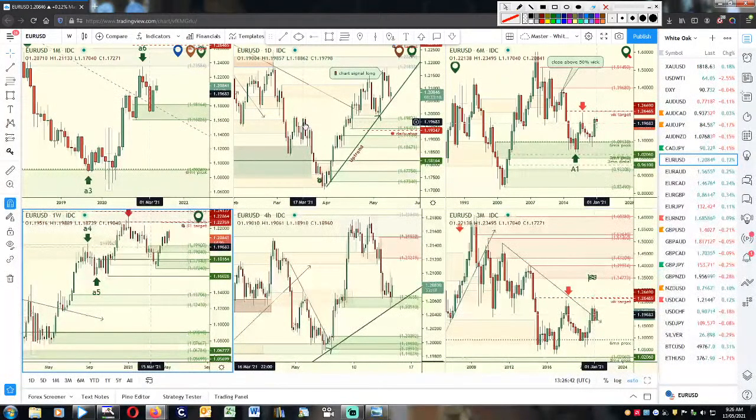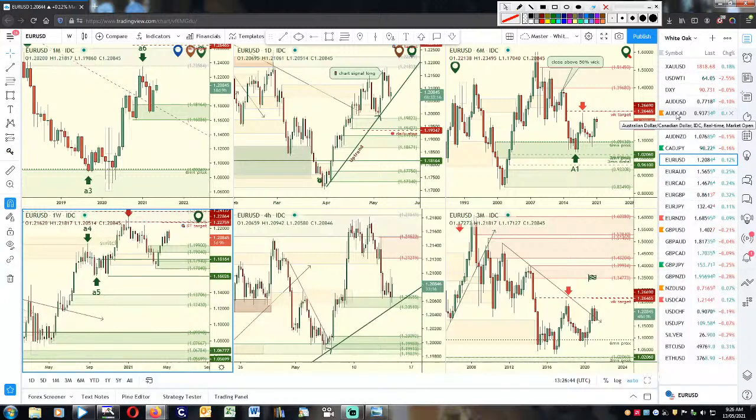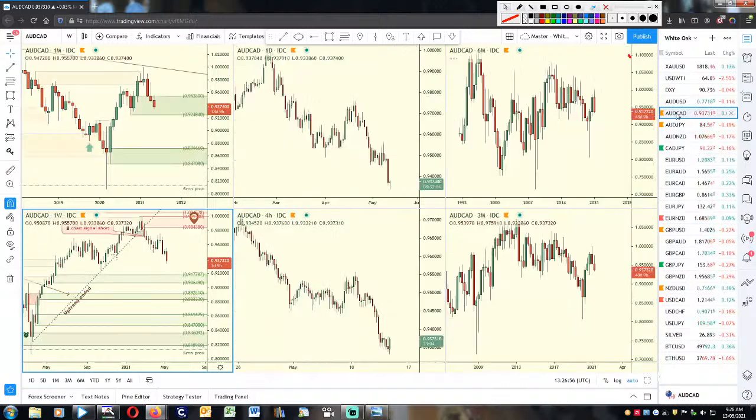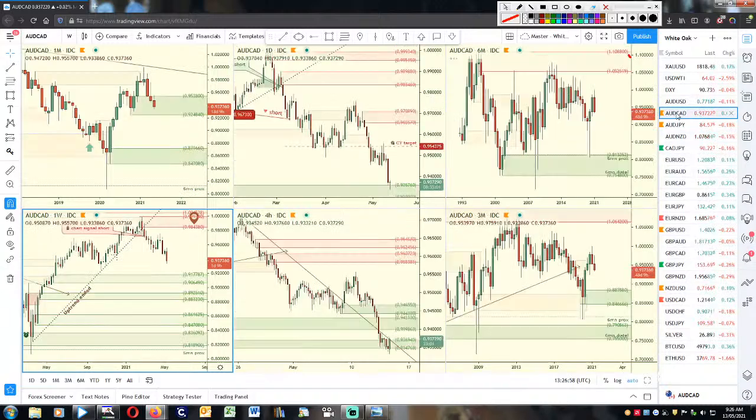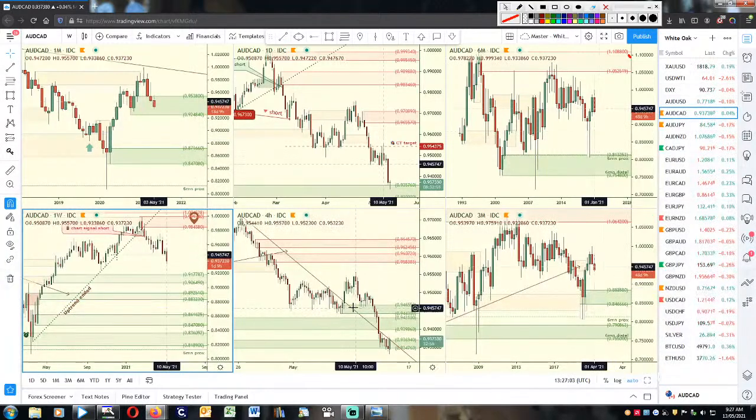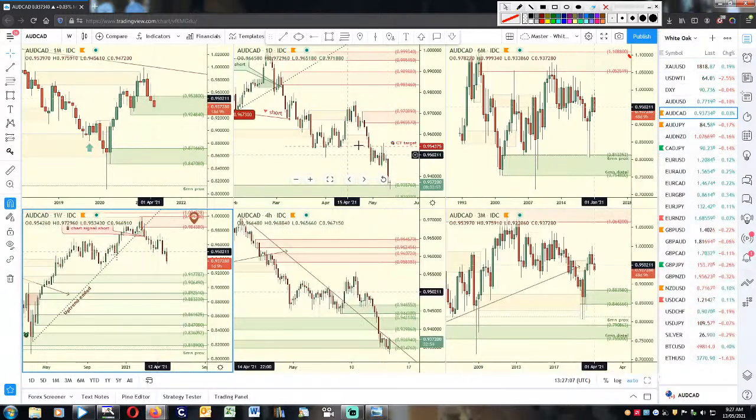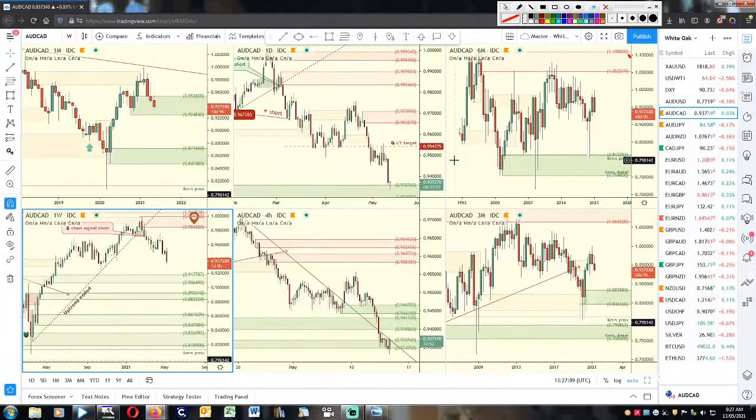So Aussie CAD, we could expect the Aussie to do nothing and the CAD to get stronger. So what would happen with the Aussie CAD if the Aussie did nothing in terms of strength or weakness and the Canadian dollar got stronger? We'd expect it to drop. So we've already seen the initial push to the downside. Now we have some demand being contacted, but over time we can see this definitely drop.